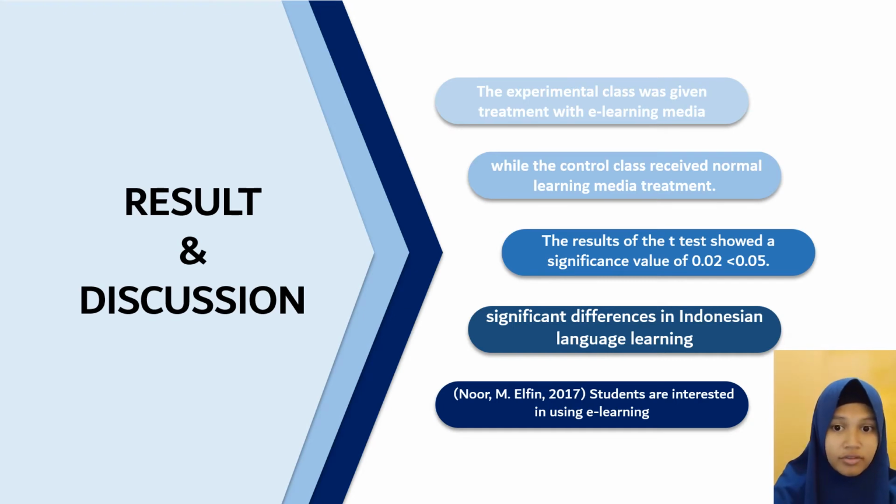The results of the t-test show a significant value of 0.02, less than 0.05. This shows that there is a significant difference between the experimental class that uses e-learning-based PBL and the control class using conventional PBL. Nor M. Elvin states that learning using e-learning is so attractive to students with various activities and tasks that it has a positive impact on learning outcomes.